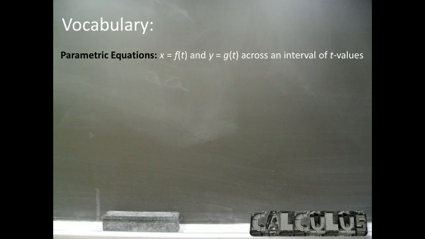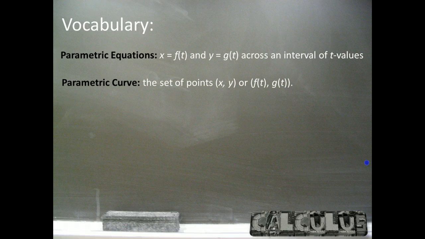And typically what we have is y is the function of x. So we get to choose whatever we want for x, and then y will change depending upon what we choose for x. Well, in parametric equations, x and y are both functions. So when t changes, x is going to change as a function of t, and so is y.